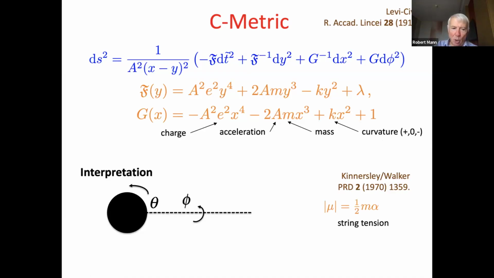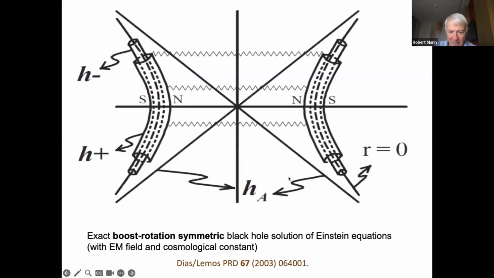And so the black hole is stuck on the end of the cosmic string, which stretches out all the way to infinity and is basically pulling the black hole to infinity. And you can calculate the string tension from parameters here. Alpha is related to these other parameters. I haven't written it down.